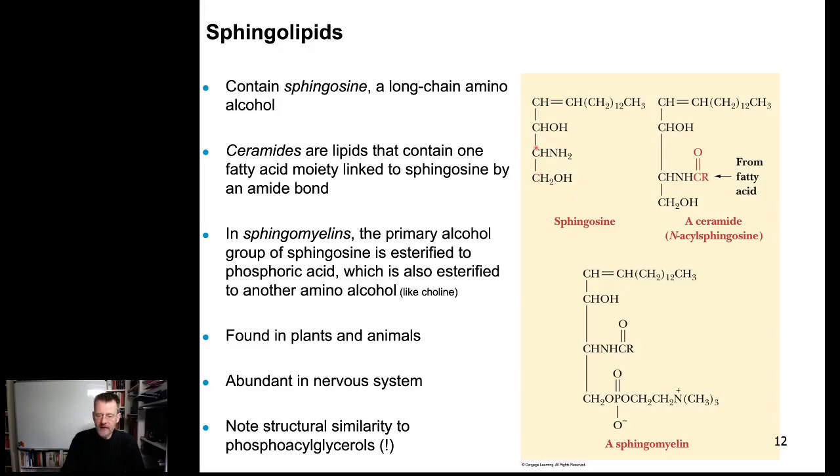There is a primary alcohol function, there is a secondary alcohol, and then there is this amino group here at carbon number 2. Now, this, of course, should remind you of glycerol, because if you exchange this amino group by a hydroxy group and this long chain rest here by a hydrogen, we're just talking about glycerol.